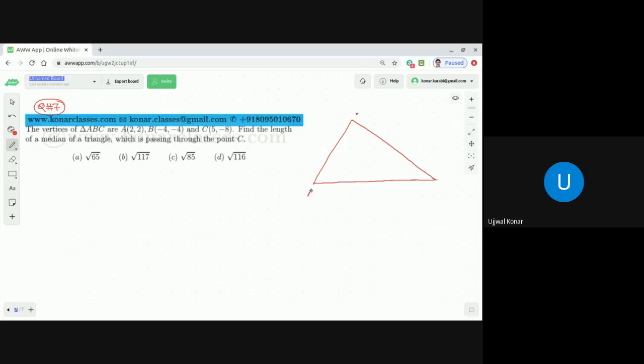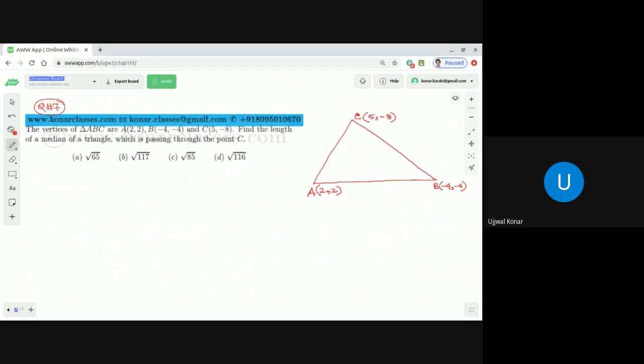Suppose this is A having coordinates 2, 2. This is the point B having coordinates -4, -4. And this is the point C having coordinates 5, -8.